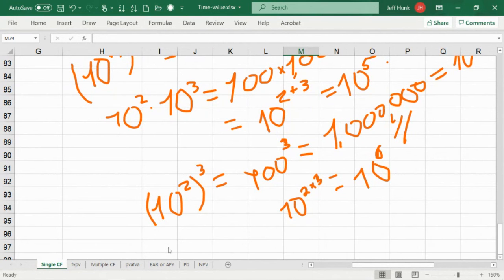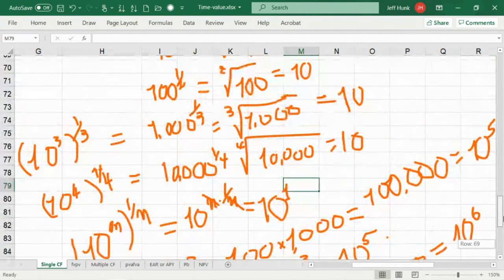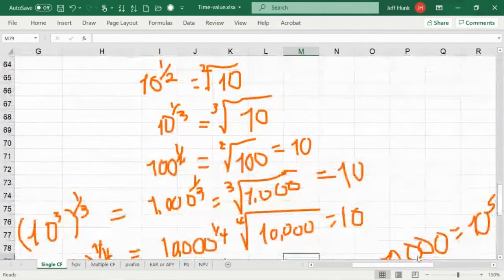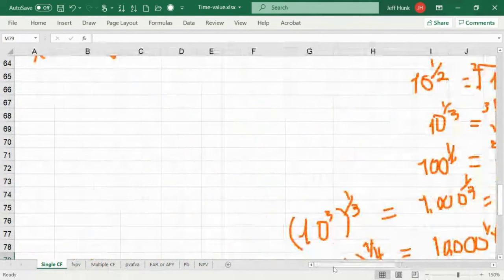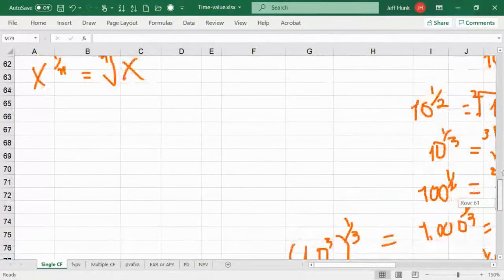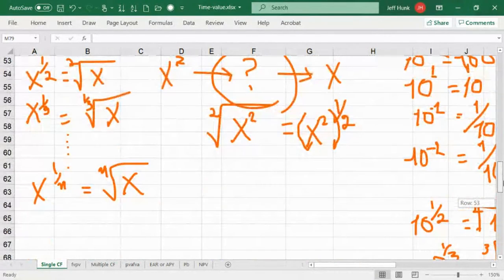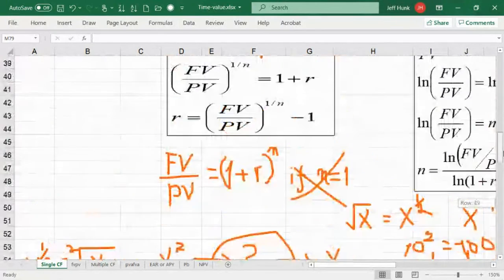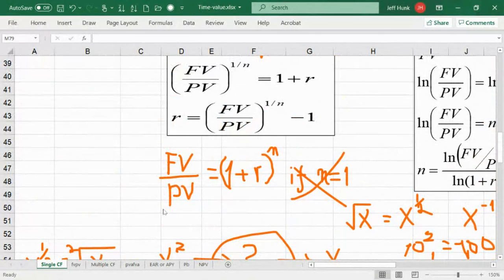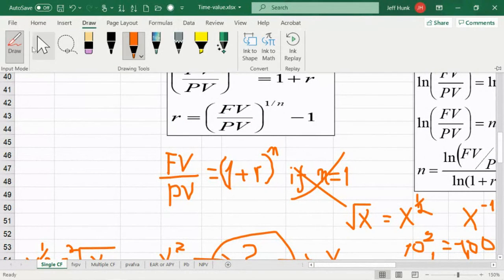So then, why is it important? It's important because that will help us lose that exponent. In other words, we were stuck here, right? We were stuck here.